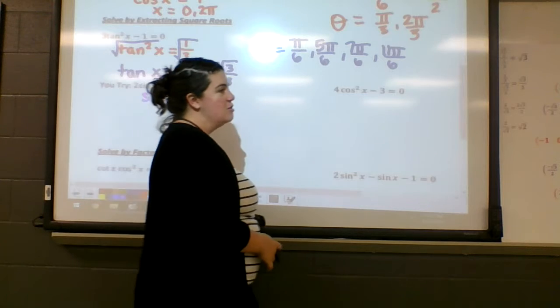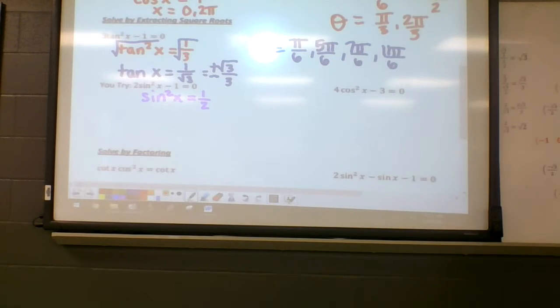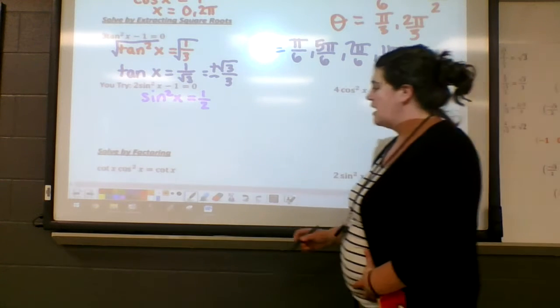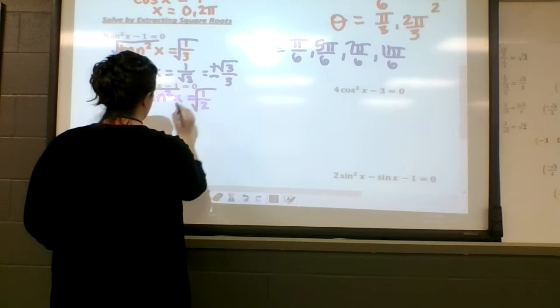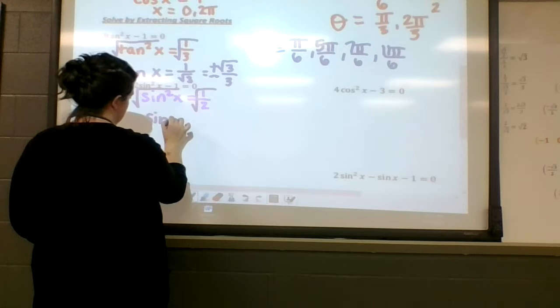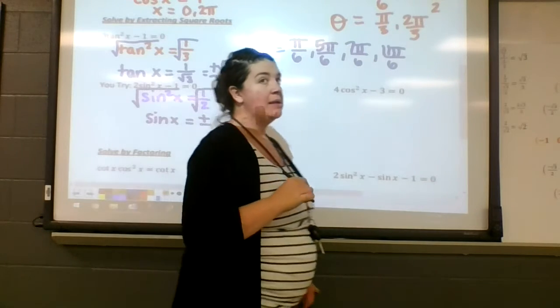And then don't get fooled. This is not where sine is a half, right? This is where sine squared is a half. So in order to figure out where sine squared is a half, you still have to take the square root. So remember, our answer could be plus or minus.